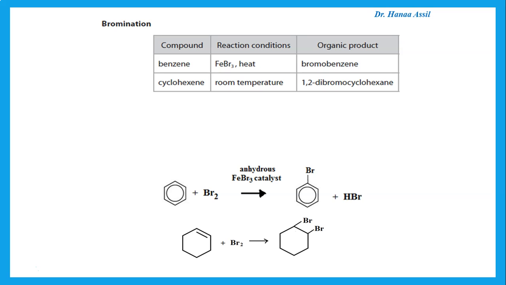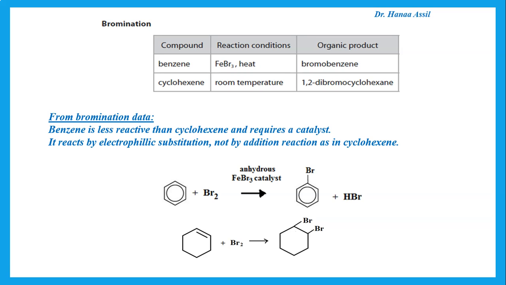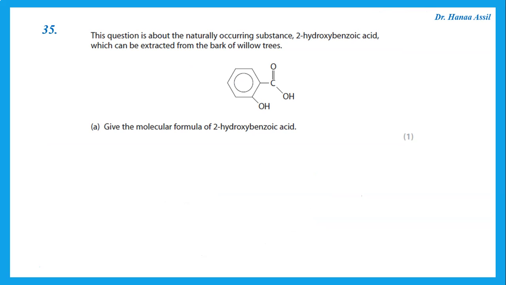But for cyclohexene, this occurs at room temperature and gives the 1,2-dibromo product. So from bromination data, it's obvious that benzene is less reactive. It requires a catalyst, and this is because it reacts by electrophilic substitution, not by addition reactions like cyclohexene.